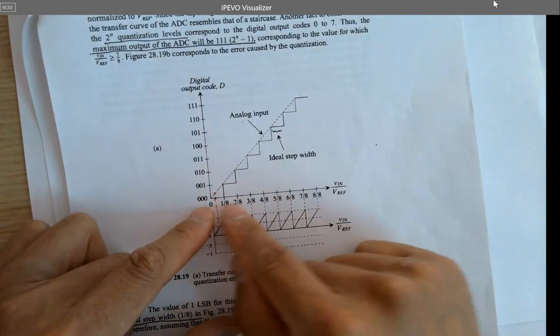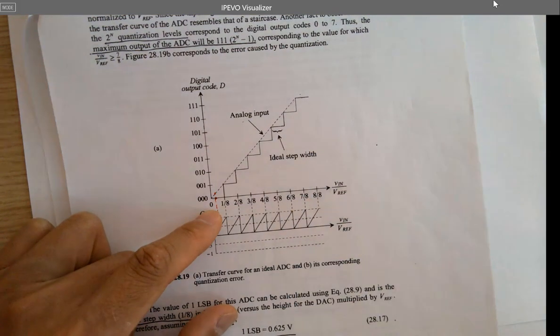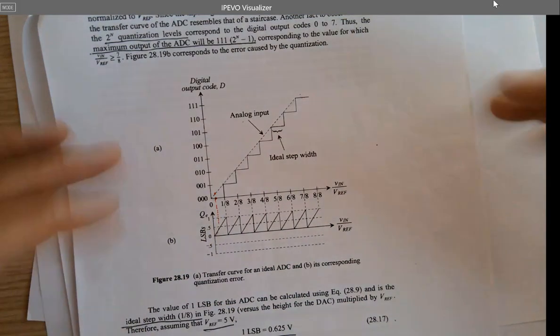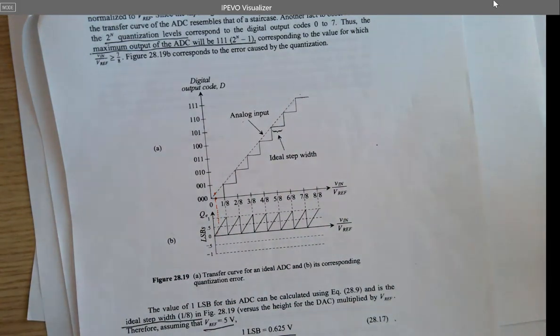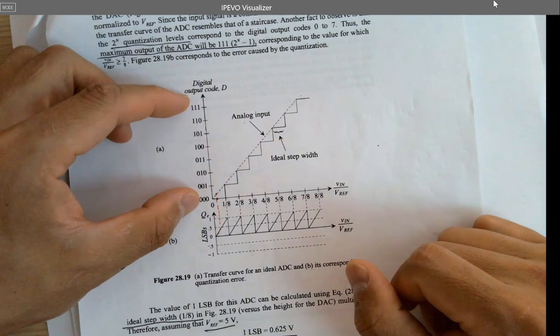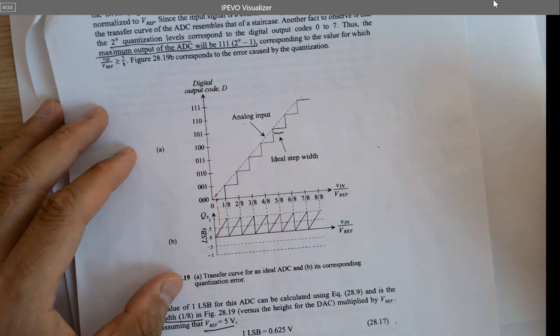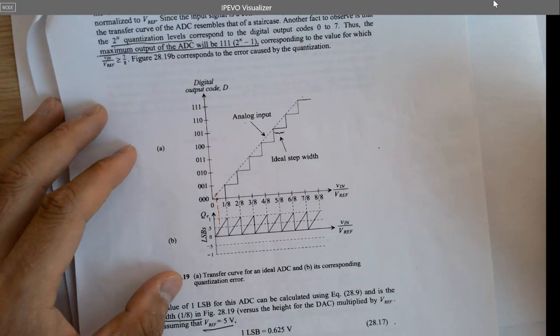So the x-axis is what? It's the ADC's transfer curve. Okay, so in the ADC's transfer curve, we have the x-axis as the input. So what kind of input will the x-axis be? It's an ADC, right? So the input has to be analog input. So the output is a digital output. What's the resolution of the ADC?